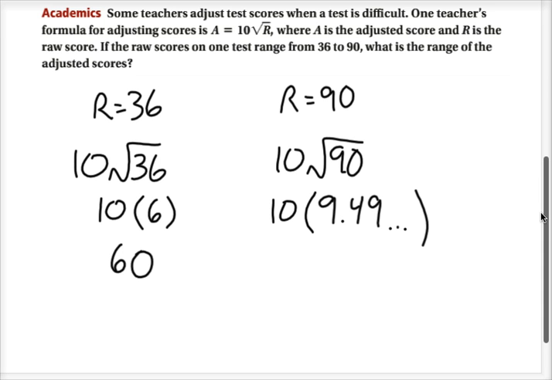Okay? That's what I mean. We're not going to be simplifying the radical in this case. You're just going to tell me what the calculator would give you. Multiply that by 10. So you can tell me that the adjusted score is going to range between 60 and 94.9 for these adjusted tests.